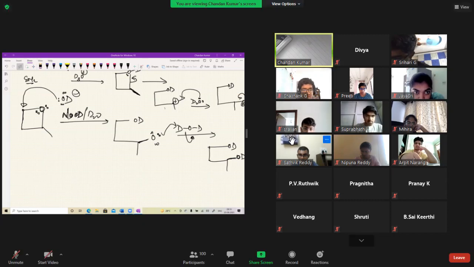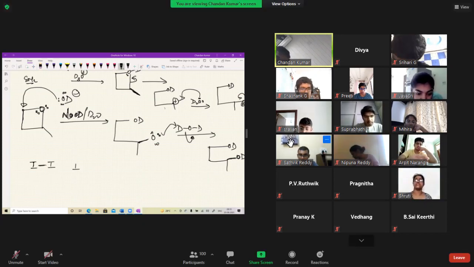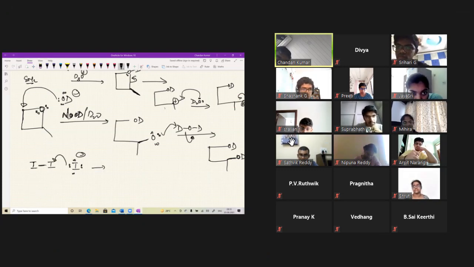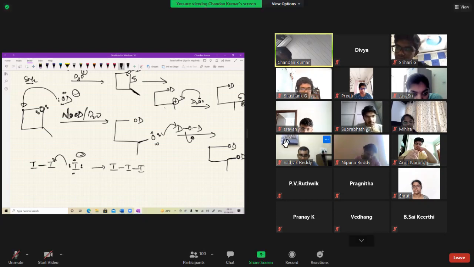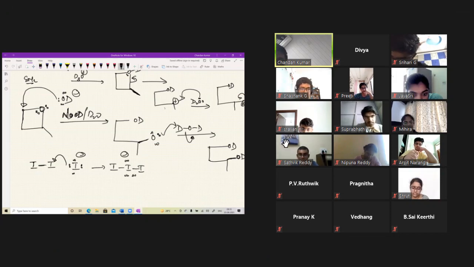Now, look, the problem is that we decide I3 minus as an interhalogen just by looking at this: I3 minus is formed by I2 with coordination of I minus, like this. That is why it becomes sp3d and then it goes linear.